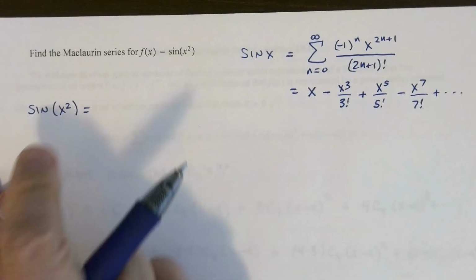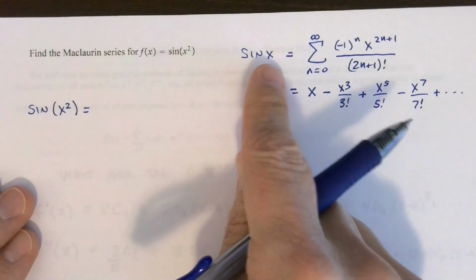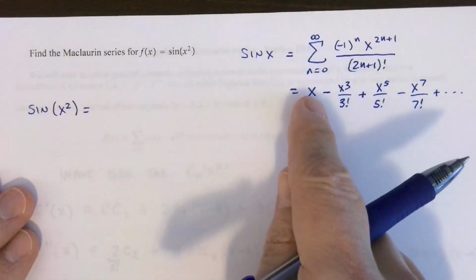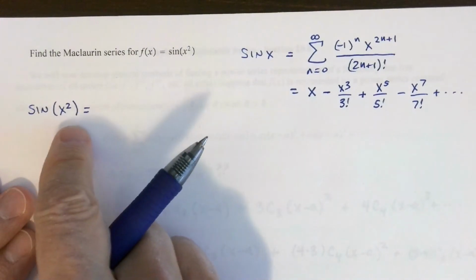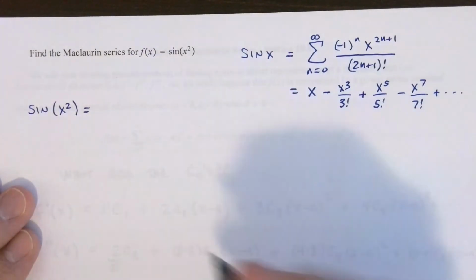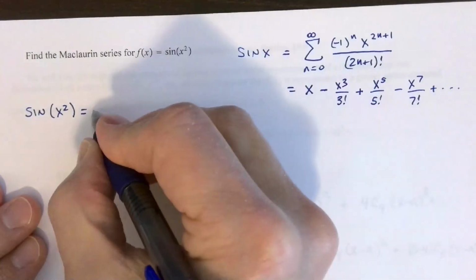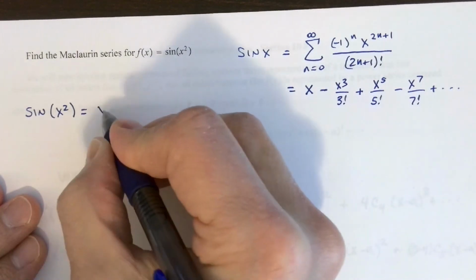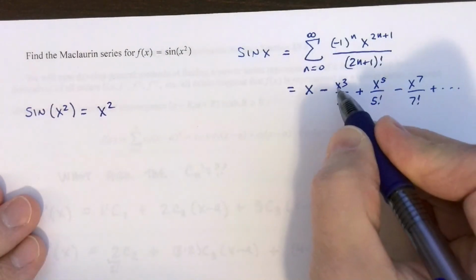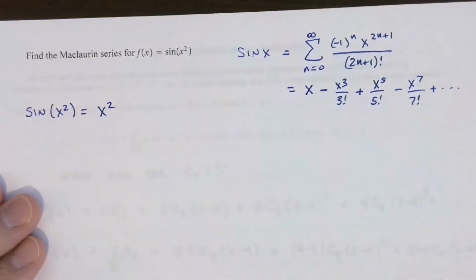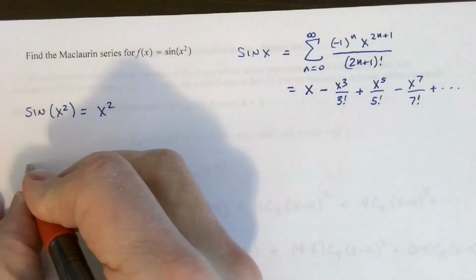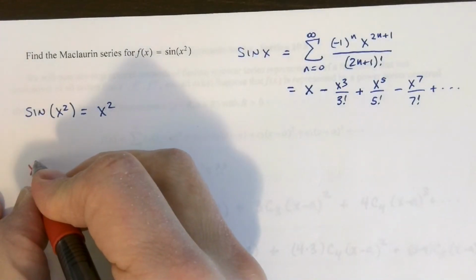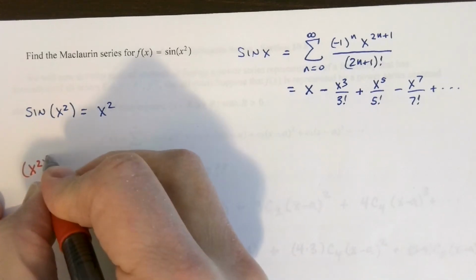So what is sine of x squared then? All I'm going to do in this is just do what? Replace x with what? Replace x with x squared. So x replaced with x squared gives me x squared. X cubed replaced with x squared. So be careful now. If I replace x with that, I've got x squared inside the cubing function.